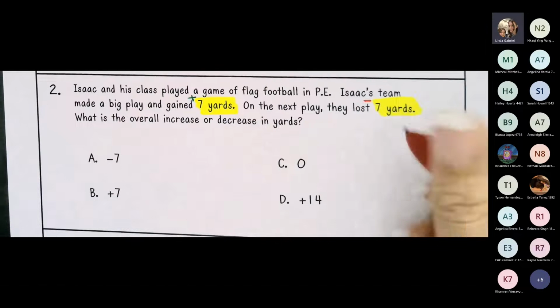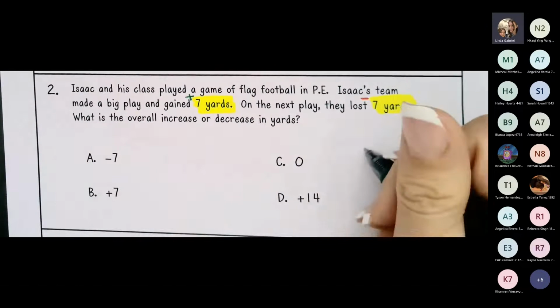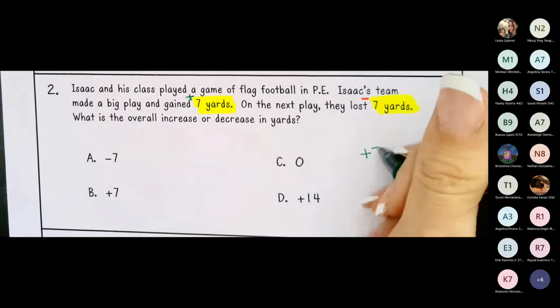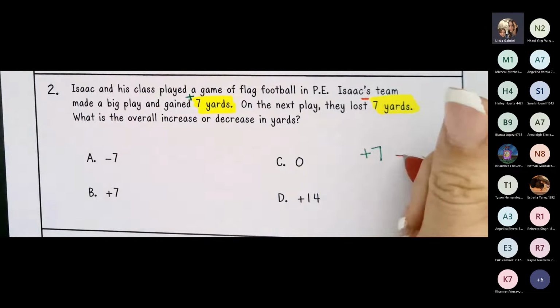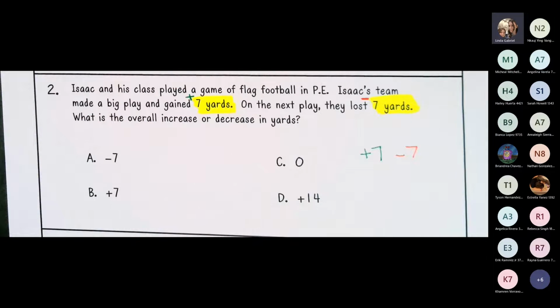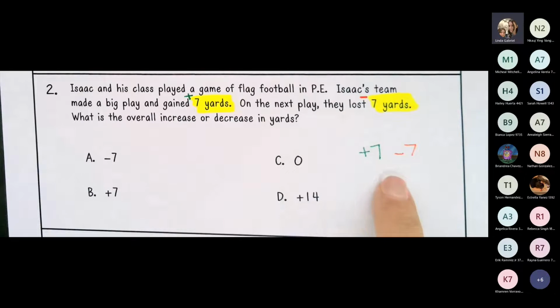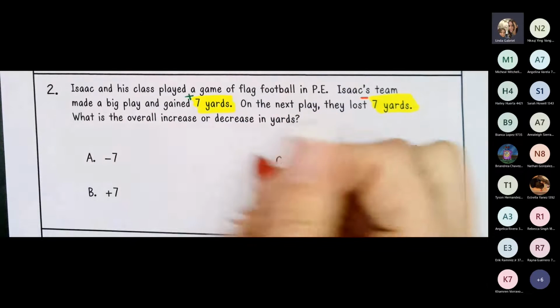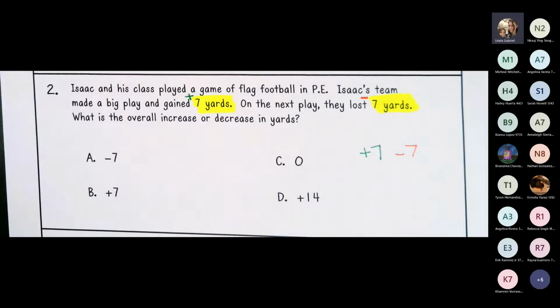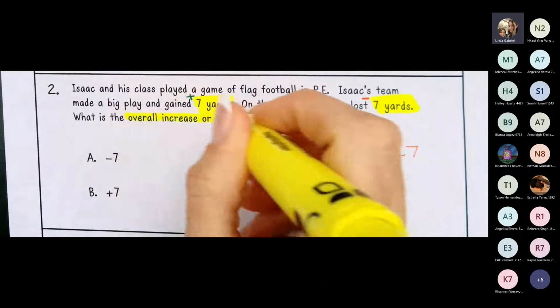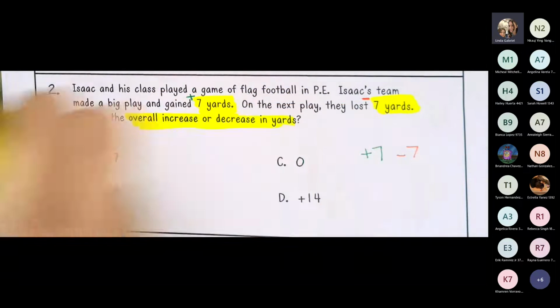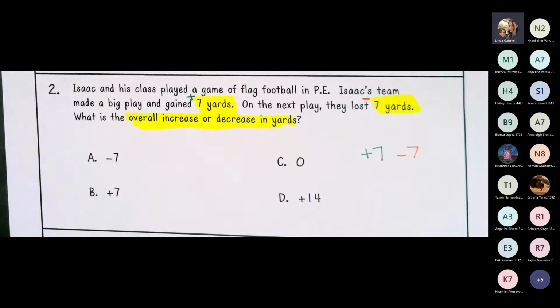All right, so if I have +7 and I have -7, right? Here I have the additive inverse of 7 or the additive inverse of -7. So I need to figure out the overall increase. That means I need to add them together, find the sum to find the increase or decrease in yards.